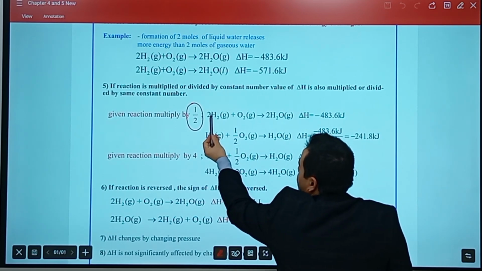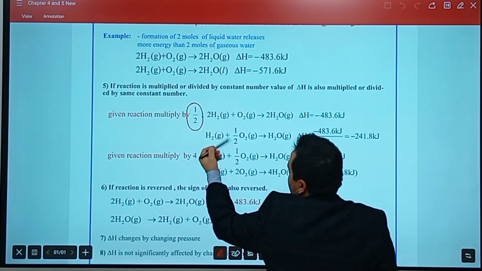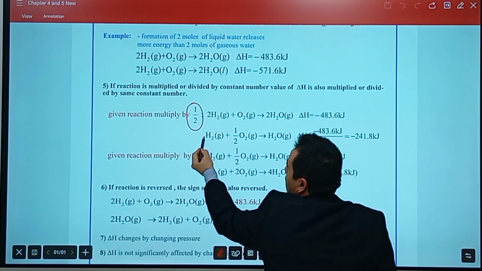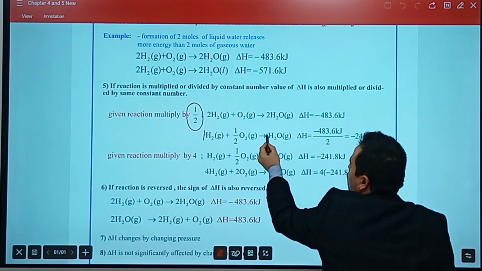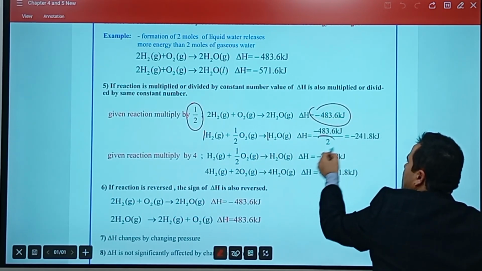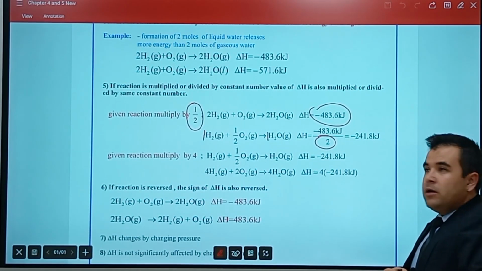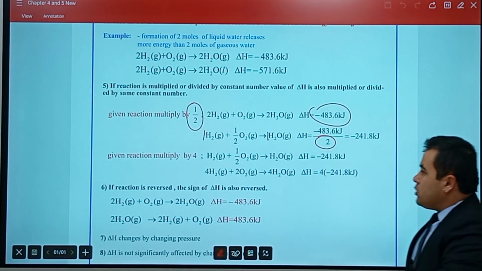The H2 is multiplied by half, or divided by 2, so the 1 becomes 1 over 2, and H2O 1 as well, and then the enthalpy must be divided by 2 as well in the thermochemical equation.